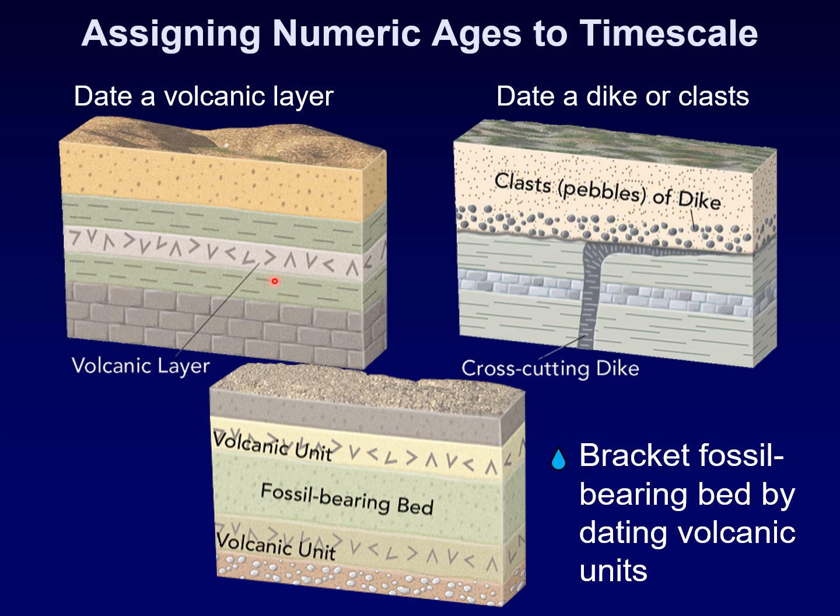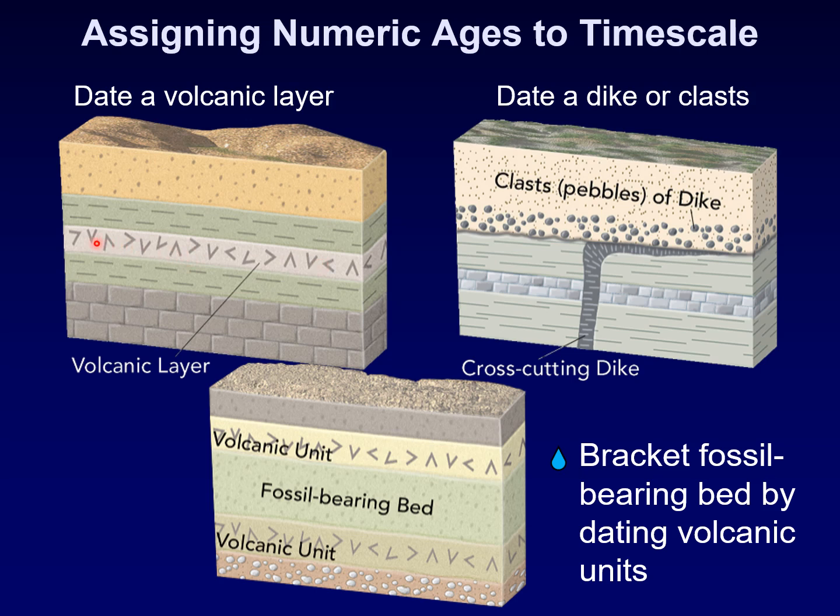So we know when the parent or the source rock of that mudstone formed, but we don't know when that mudstone layer was deposited. But let's say we get a volcanic layer right in the middle. And so below that we have a unit of mudstone, and then above that volcanic layer we have that same unit of mudstone, but that volcanic layer erupted.